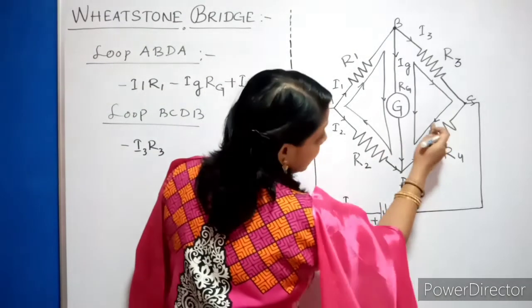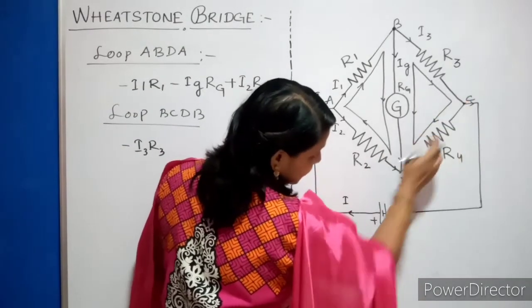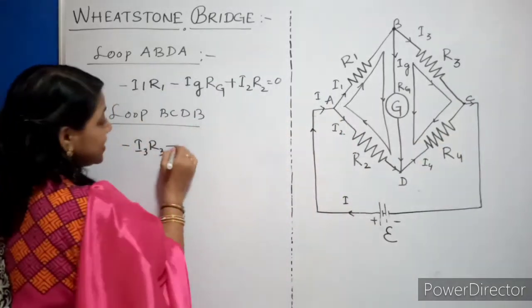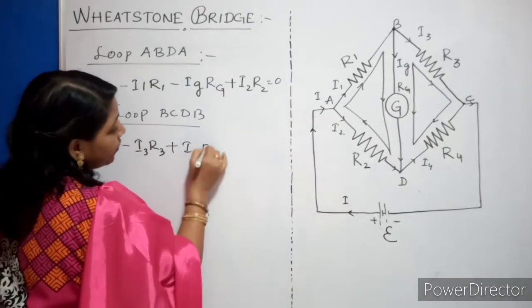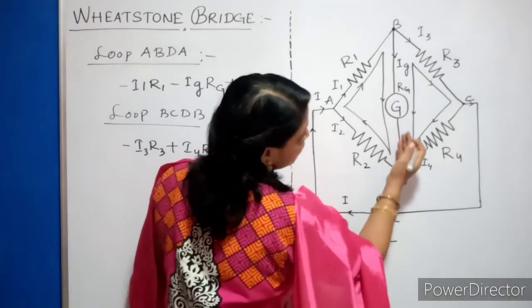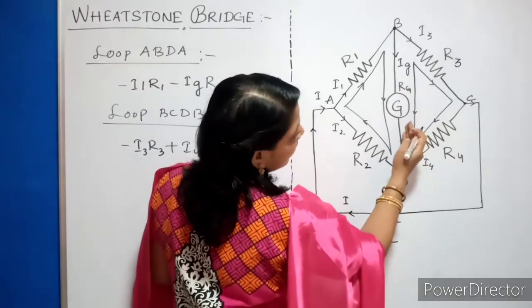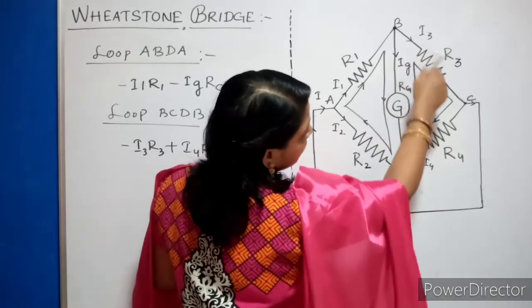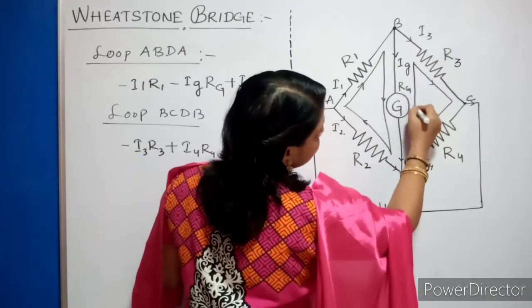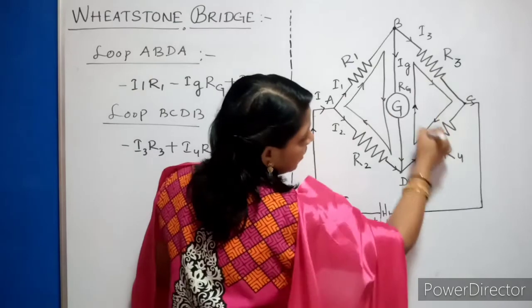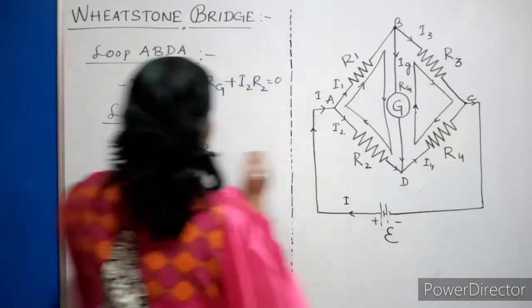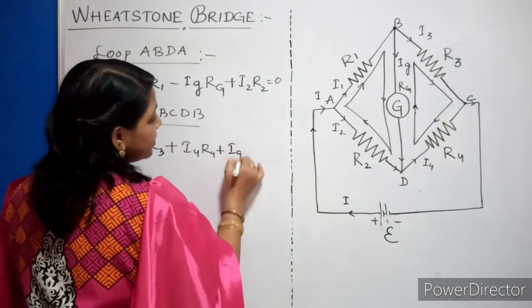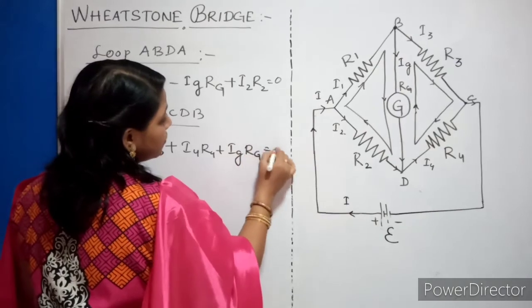Now here you see my direction is in this way, but the current is in the opposite. So what I will consider? Plus I4 R4. Similarly, across the galvanometer the current direction is down, whereas our clockwise direction is up, opposite. So plus Ig Rg equal to 0.